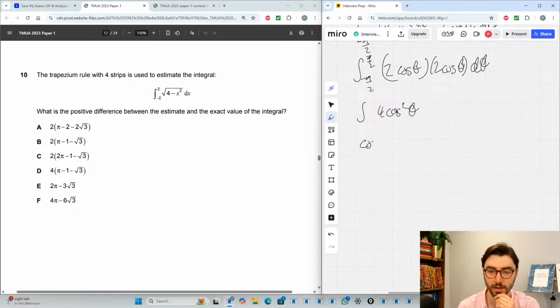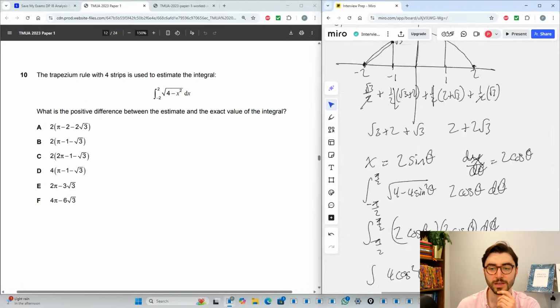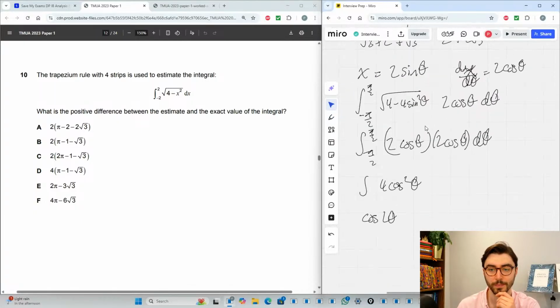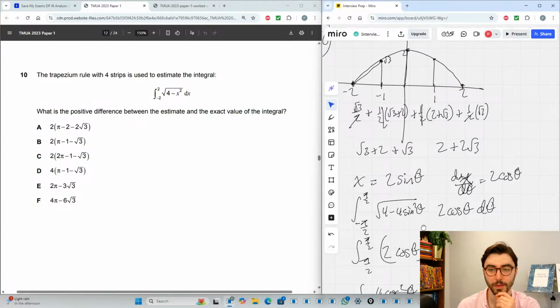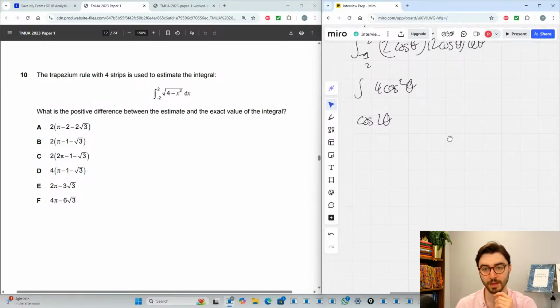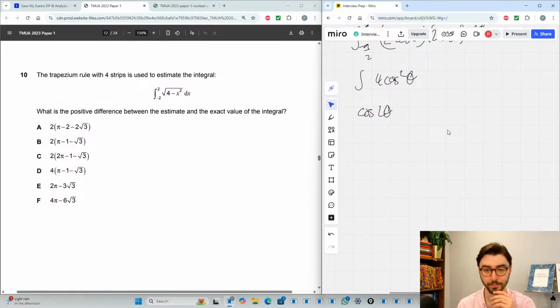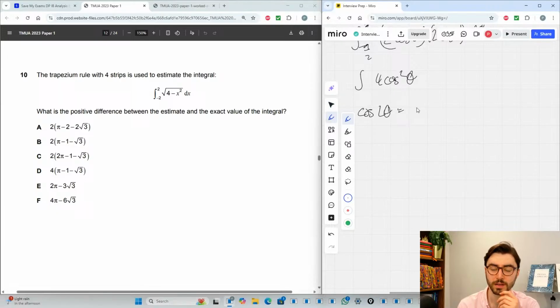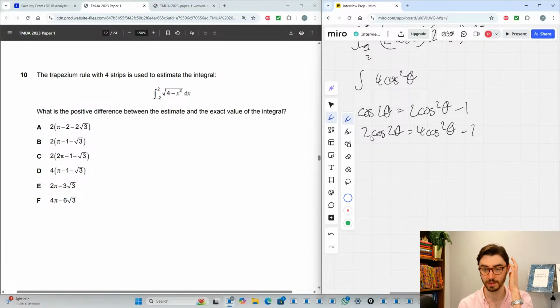And I know I do that by cos of 2 theta, which is equal to 2 cos squared theta minus 1. So 2 cos 2 theta plus 2 is 4 cos squared. I'm curious to know what the actual solution path is here.